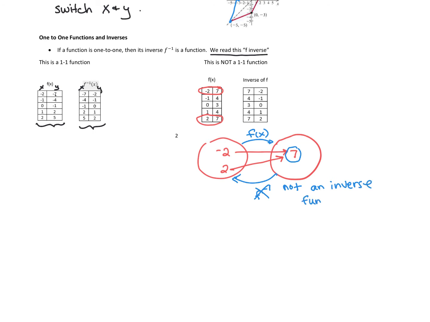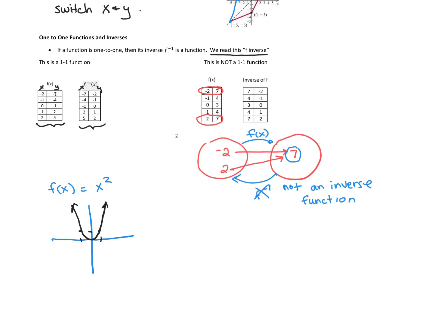Now, let me show you what we sometimes do when we have something that is not one-to-one. For example, let's say we have f of x equals x squared. We know, or we should know, that the graph of this is a standard parabola with the vertex at the origin, and that this would not pass the horizontal line test.